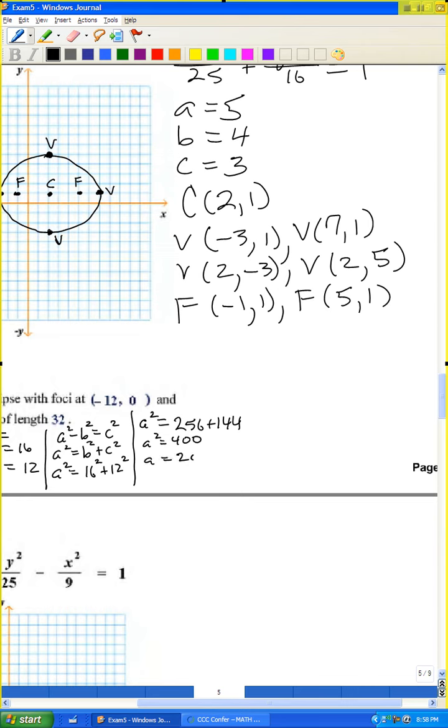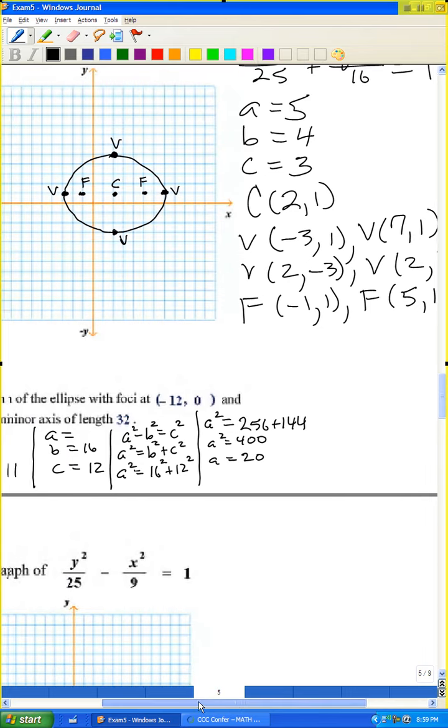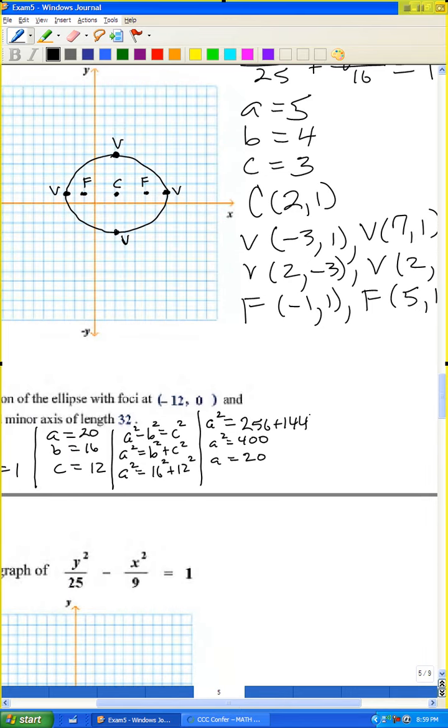The square root of 400 is 20, so A is 20. Therefore, the equation of my ellipse is x squared over 20 squared plus y squared over b squared equals 1. And that is the equation of my ellipse.